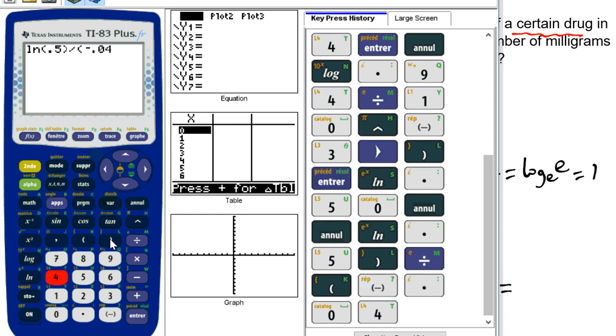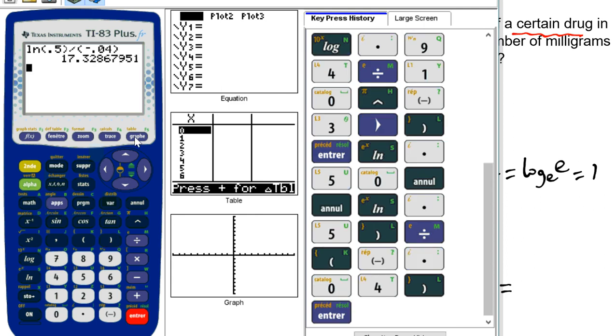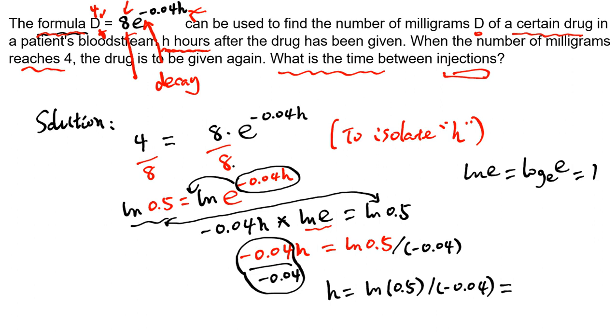Close bracket, and then hit enter. So you get 17.328 something. If you round it to the second decimal digit, that will be 17.33 hours. So you may then write your answer here: 17.33 hours.